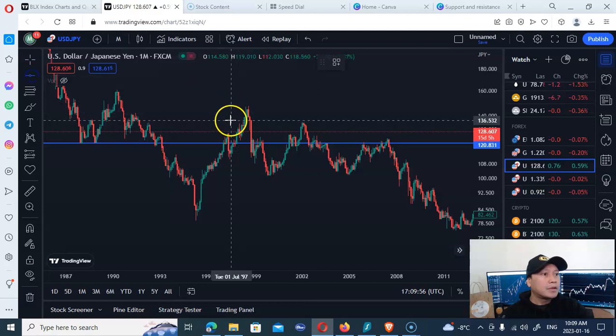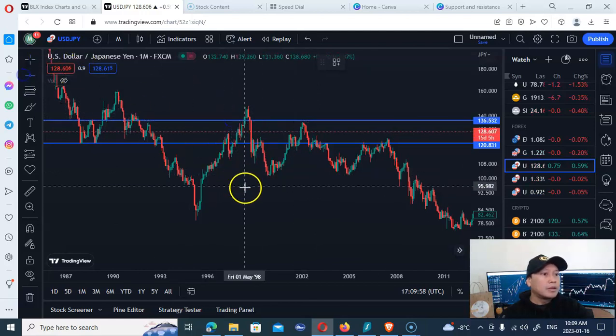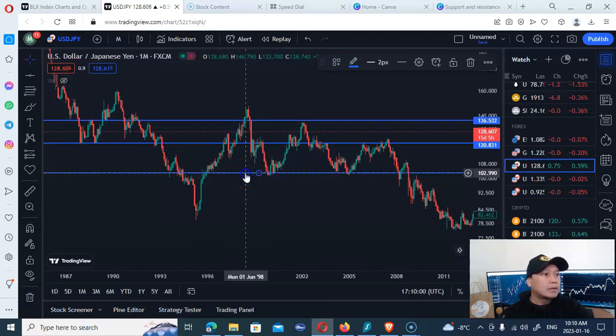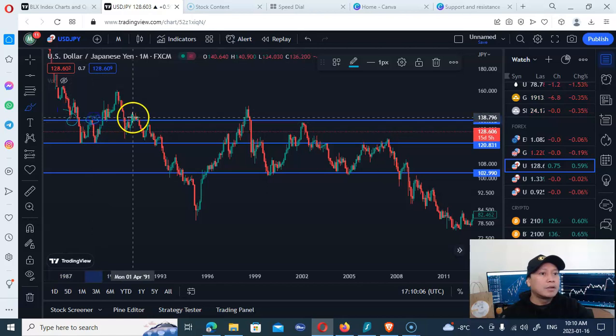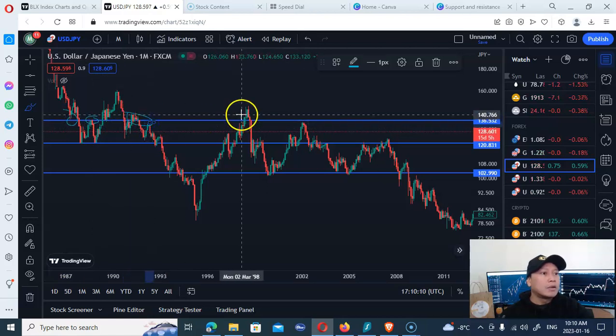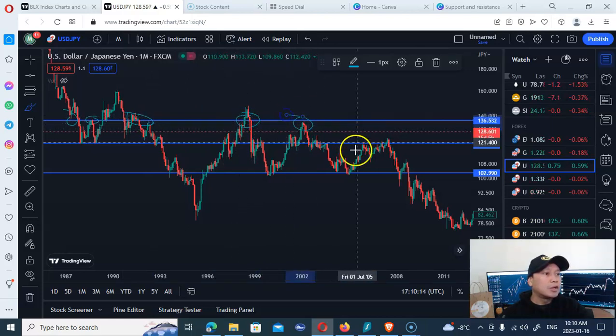Let's see, somewhere here too. Okay, and there. As you can see, the price reacted here, here, here, almost here, and of course the price reacted here, almost here.